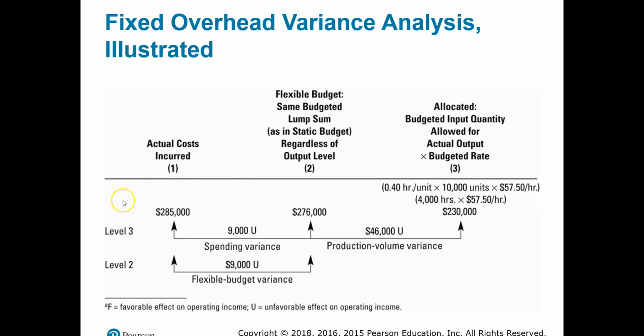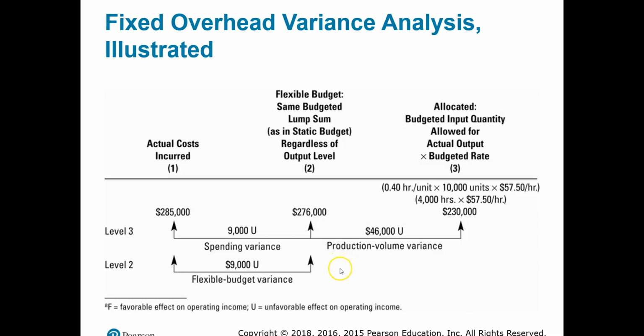And again, we can do this level 2 and level 3 analysis. The level 3 analysis is slightly different than what we had for variable overhead. And you will see this again in video 2. And actually in exercise 3, we do another example of variable overhead.